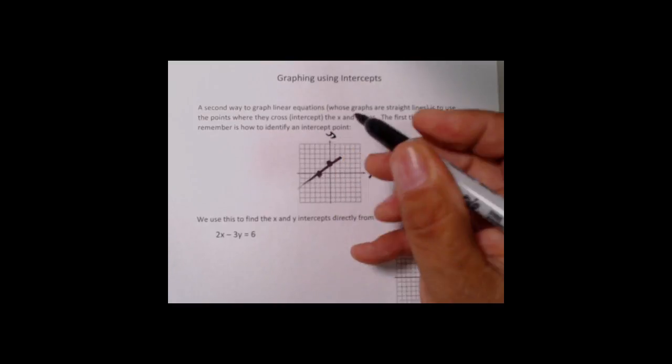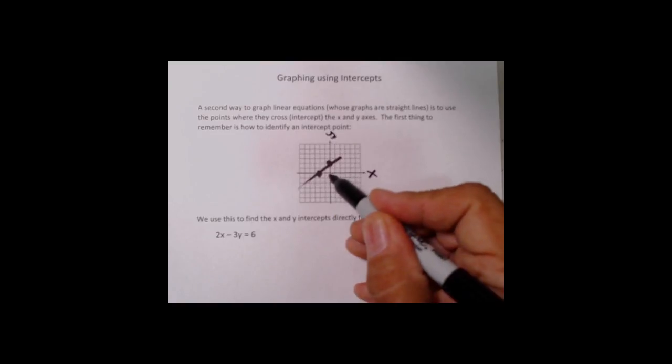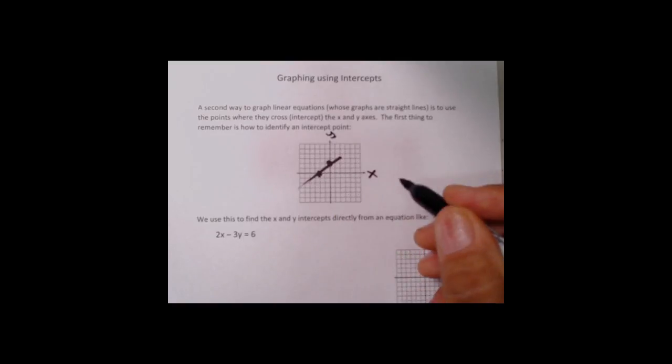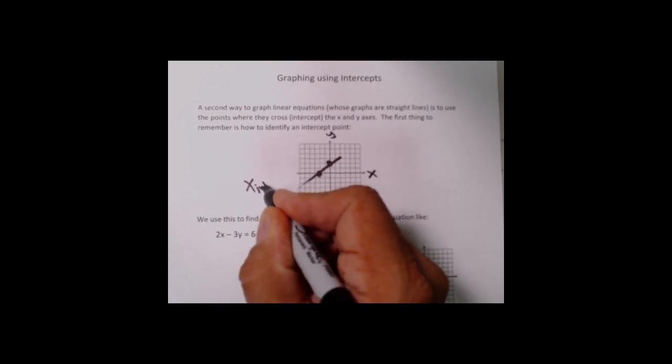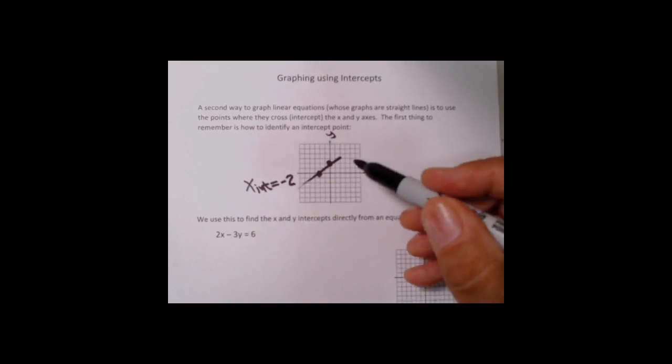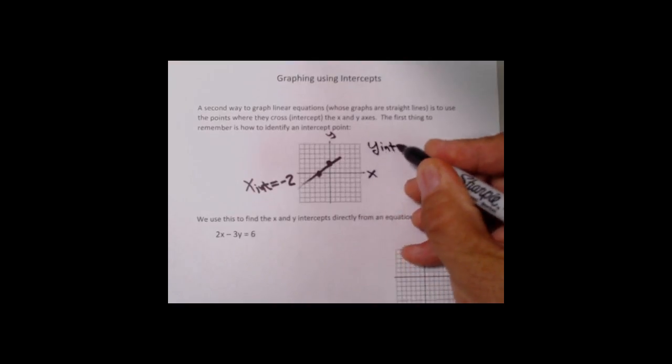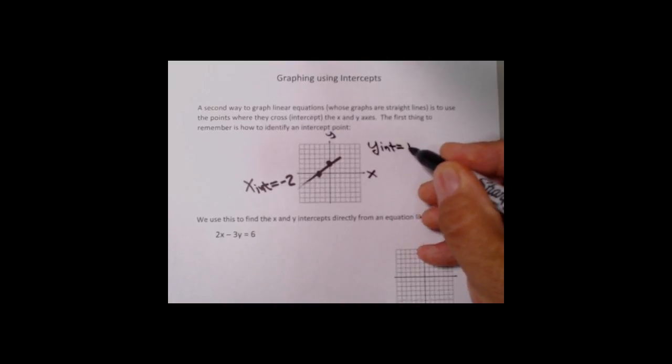This, of course, is y here. Well, if we go over here, x equals -1, x equals -2. So we say the x-intercept equals -2. Now, the y-intercept up here, if it crosses at y equals +2, we'd say the y-intercept equals +2.